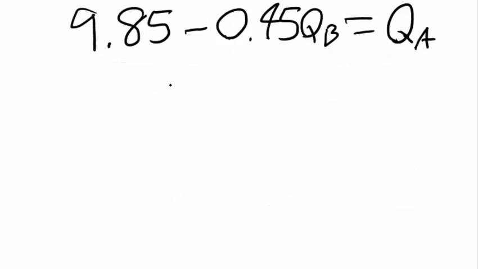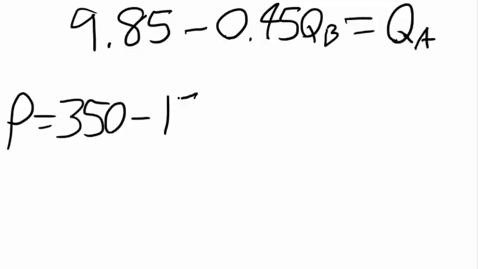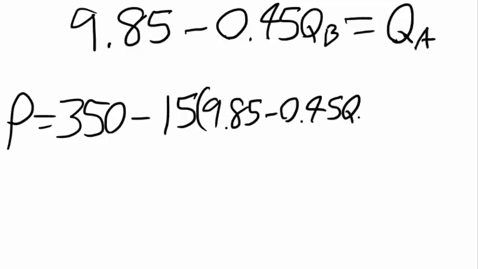What we will do with this reaction function is plug it back into our price function. So we have our price function of P equals 350 minus 15 times our QA, which is (9.85 minus 0.45 QB), and then minus 15 QB.